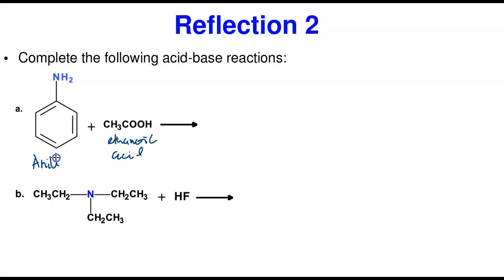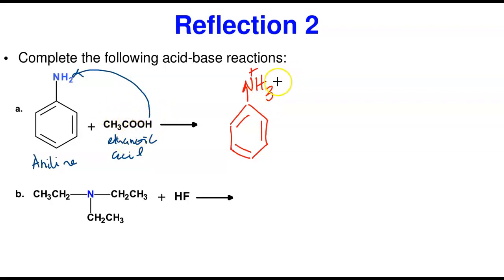Now, when you react them, what's going to happen? It is this hydrogen that is going to go here. I have to use my red. And what happens? I'm going to redraw this guy. If you redraw this, and then put this guy here, now this is going to gain one other one to become plus here. And then you're going to put the acetate ion.